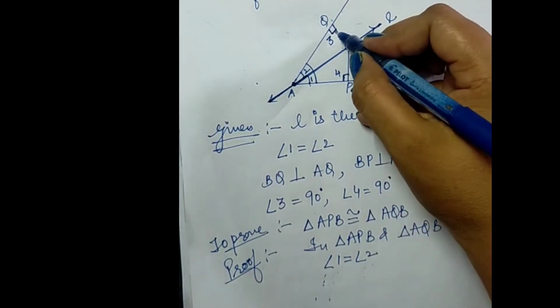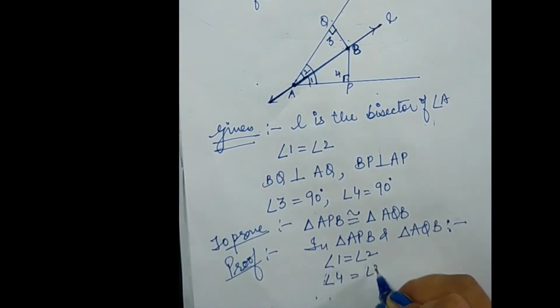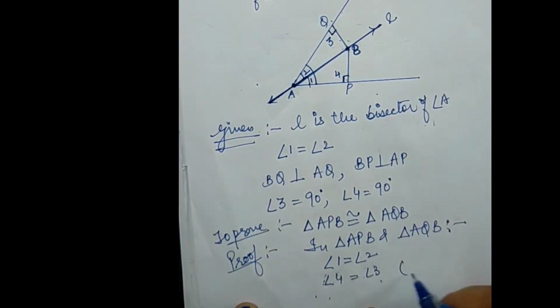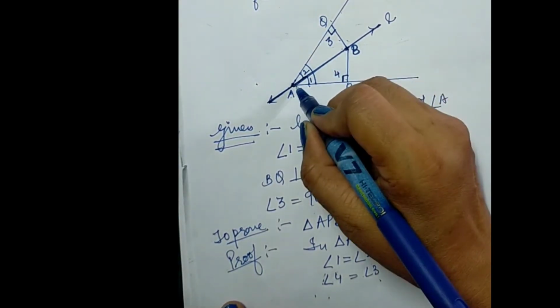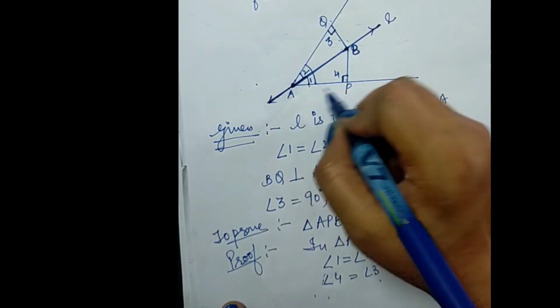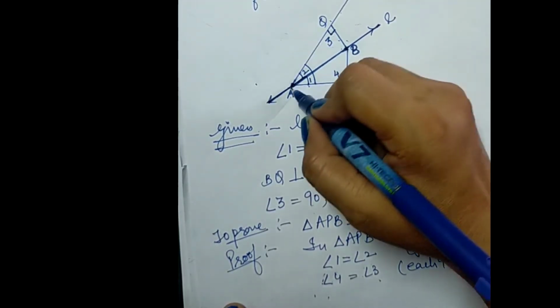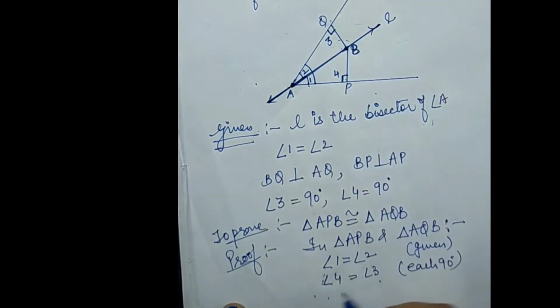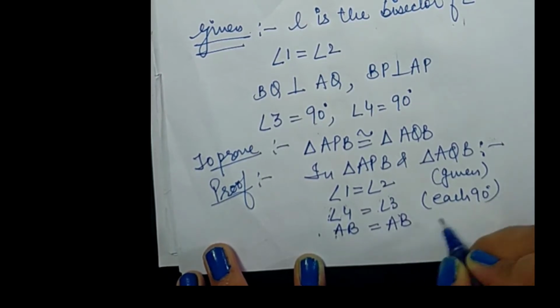Angle 4 from here and angle 3 from AQB, this is each 90 and that is given. And the third thing which we require for congruency is AB. You can see it is coming in APB and it is coming in AQB as well. AB is coming in both the triangles, so AB is equal to AB. This is common.